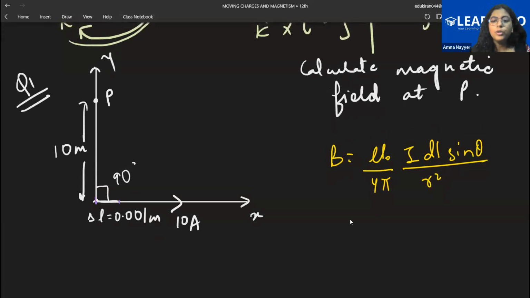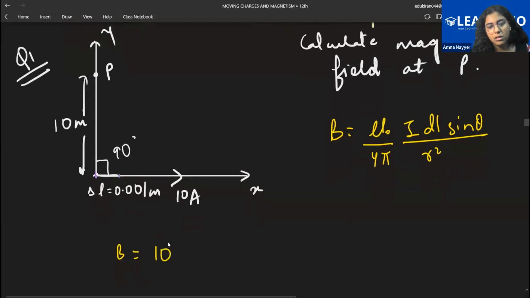Now, mu naught by 4 pi is our constant, which is 10 to the power minus 7. Current is already given as 10 ampere. The length of this current element is mentioned in the question, 10 to the power minus 3.